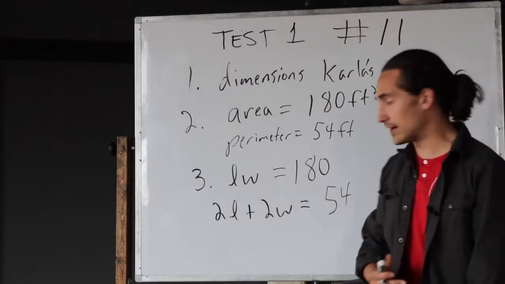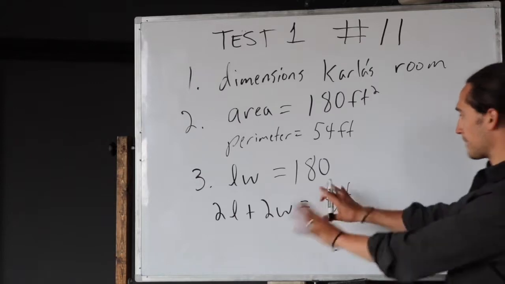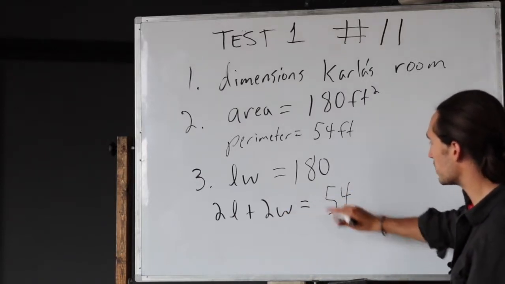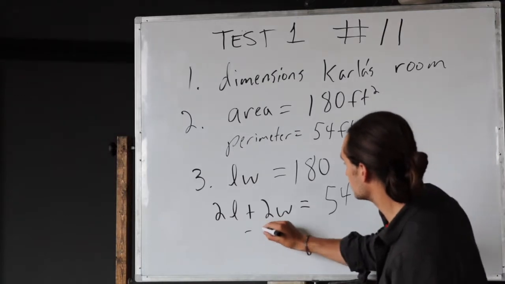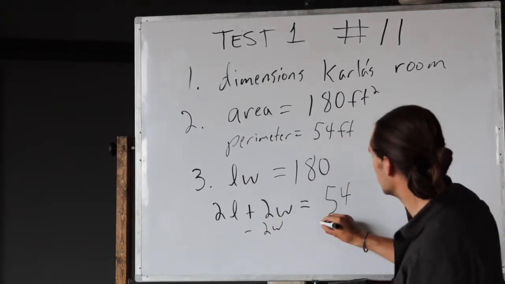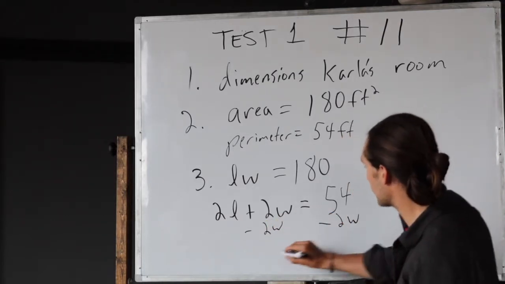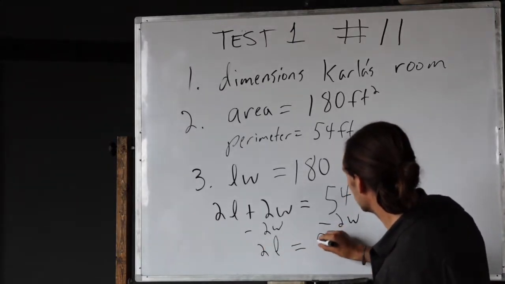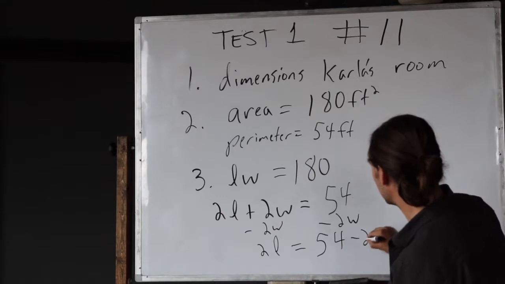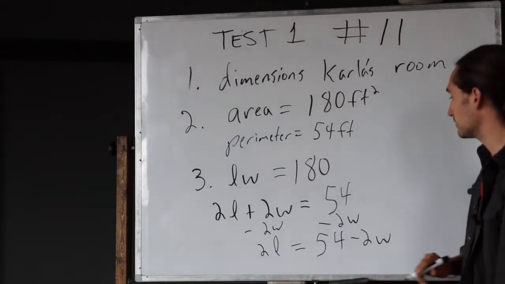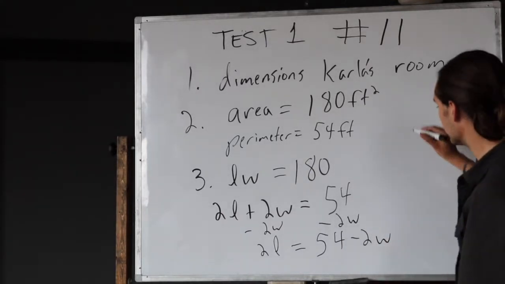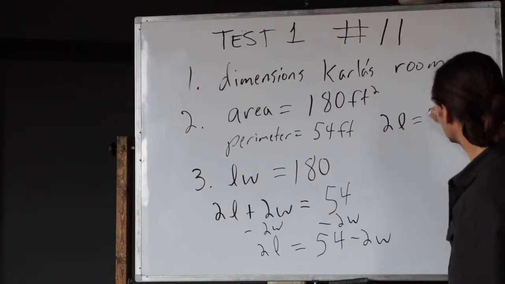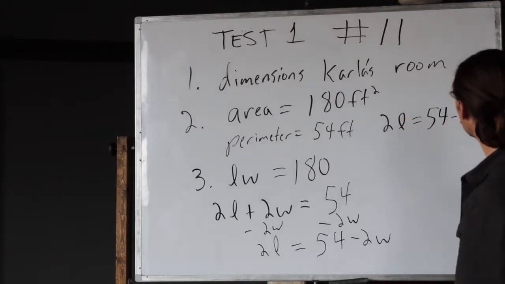So the way that we solve for L is we say, okay, I've got 2L plus 2W equals 54. So we subtract 2W, subtract 2W, and we get 2L equals 54 minus 2W.